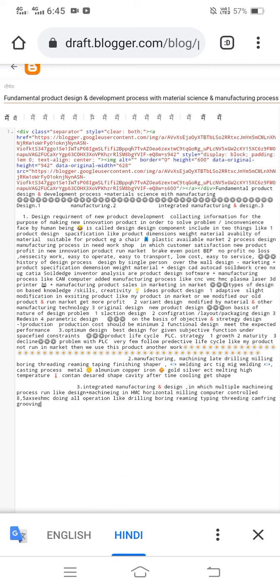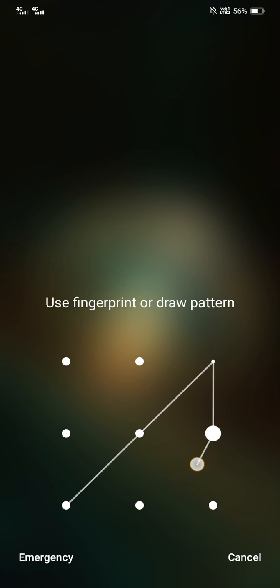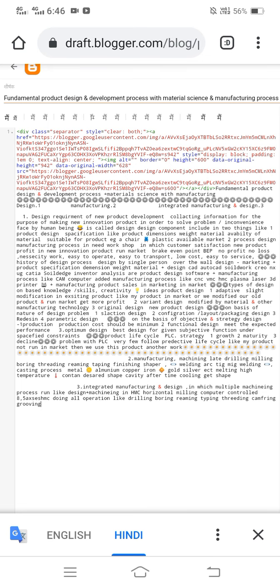Number 1, adaptive design, slight modification in an existing product in the market, or we modify our old product and run it in the market to get more profit.